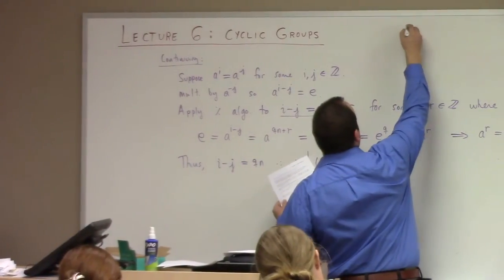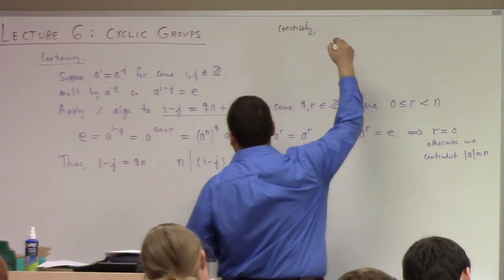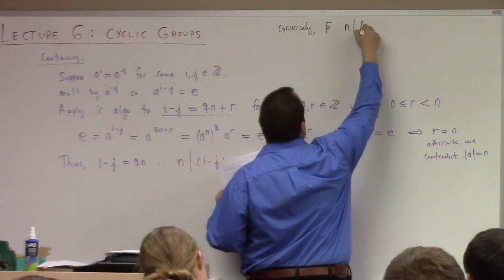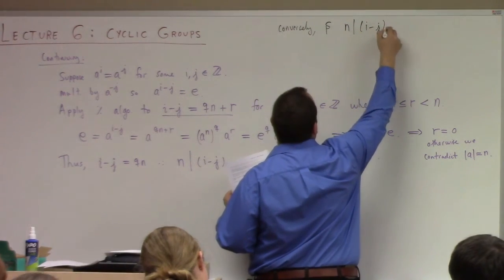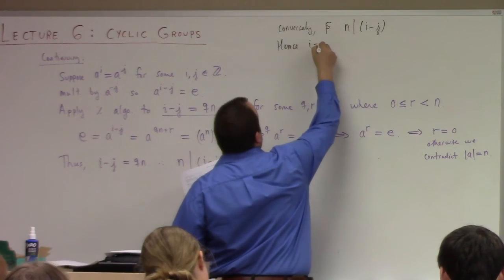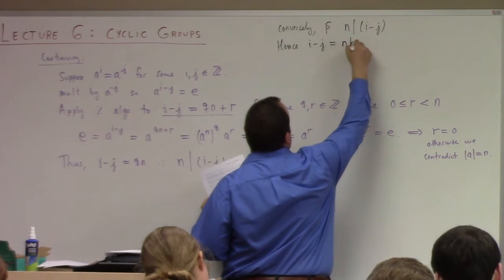So conversely, suppose n divides i minus j. What's that mean? i minus j is equal to n times k for some k, right?